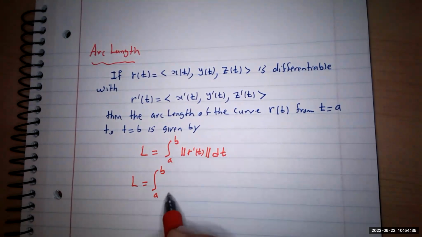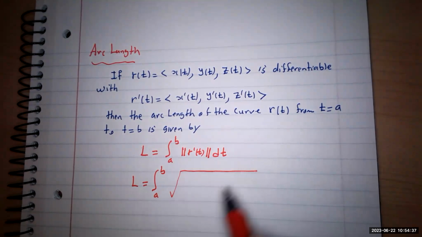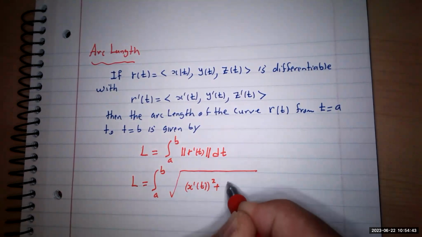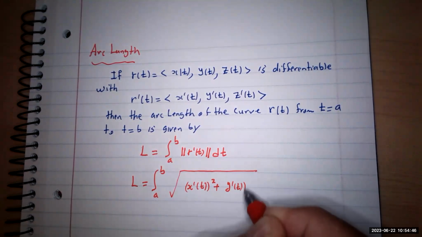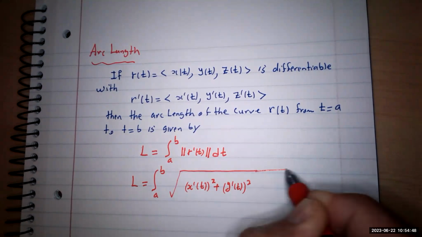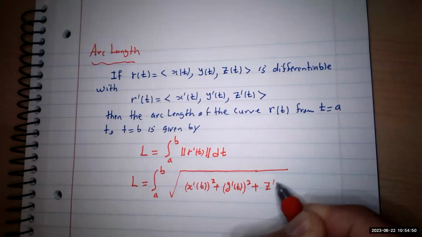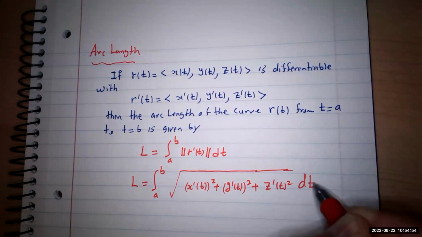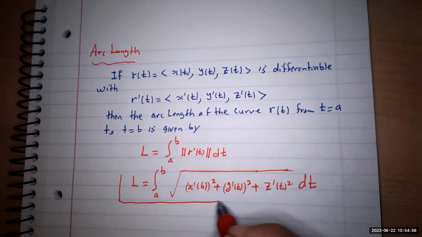The norm would be the square root of x prime of t squared plus y prime of t squared plus z prime of t squared, then dt. So that would be the formula for the arc length.